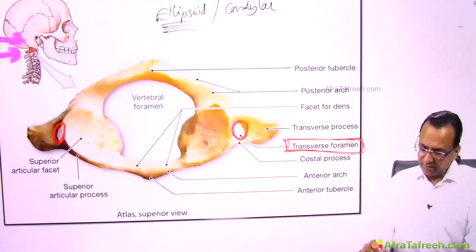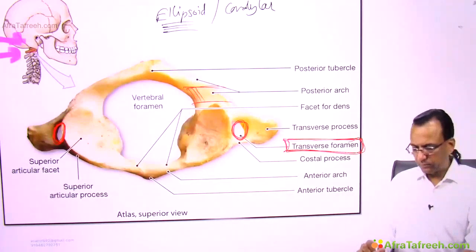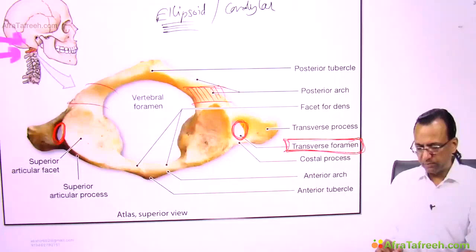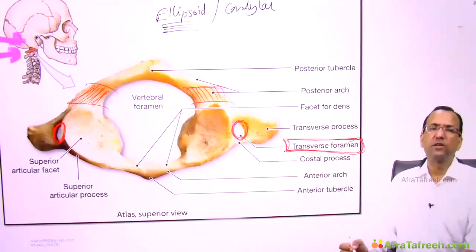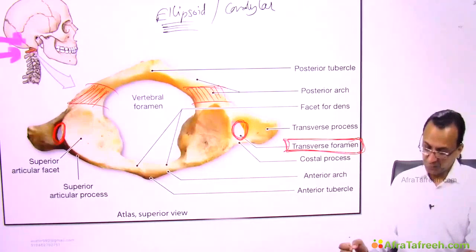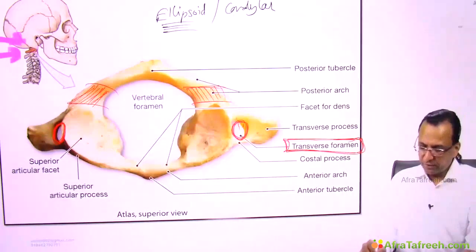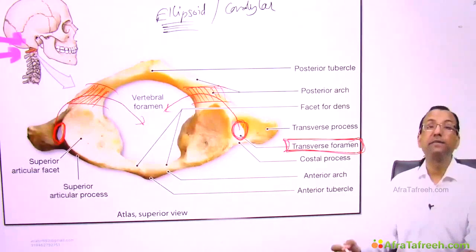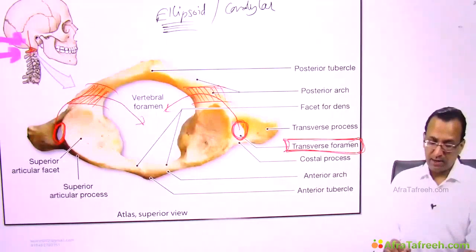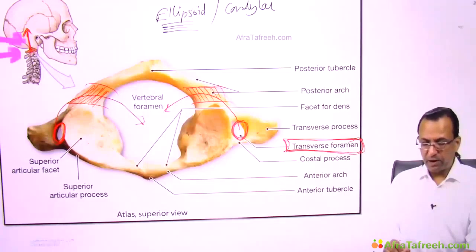It is having a groove on the atlas vertebra, which means it will be passing through that groove. Why is it passing there? Because then it will have to enter the cranial cavity and join to form the basilar artery.